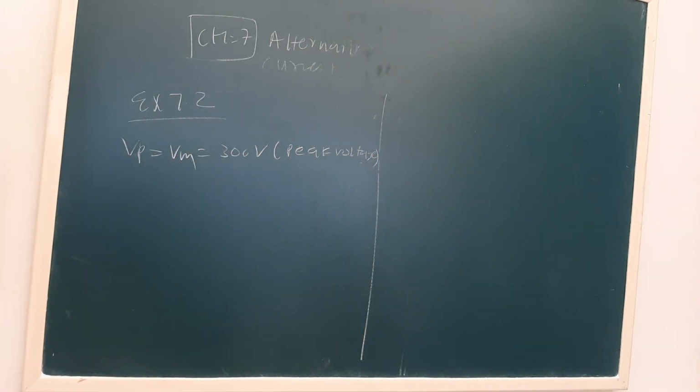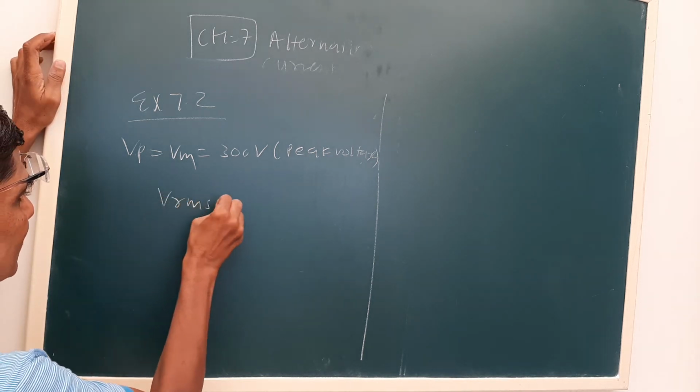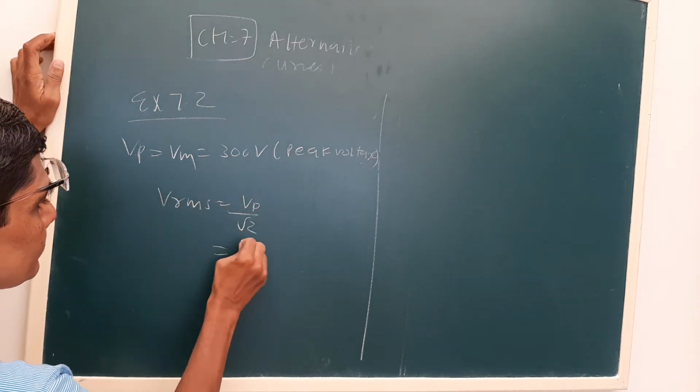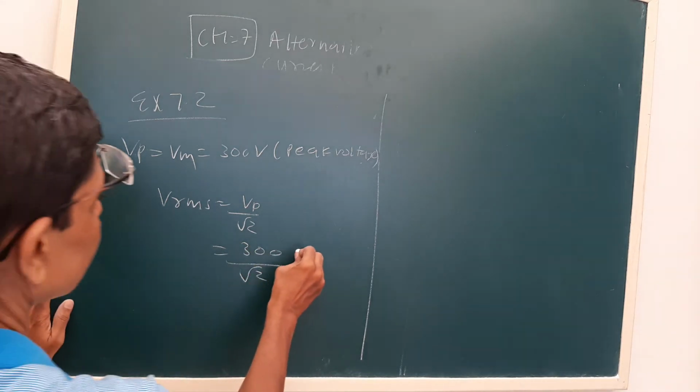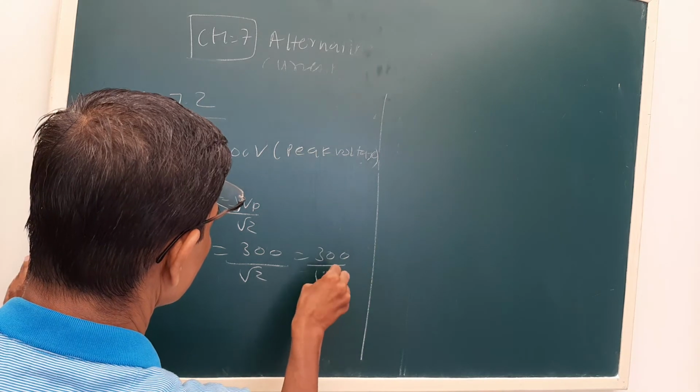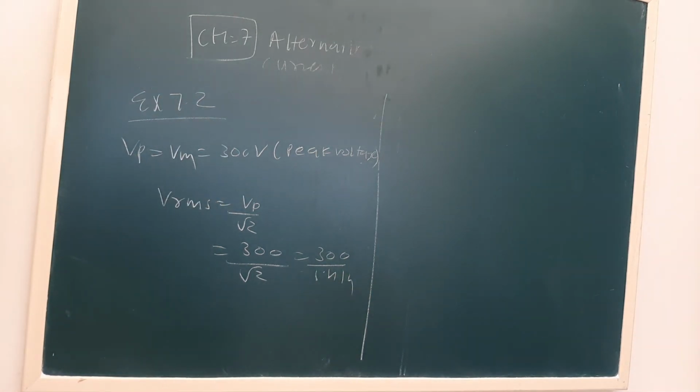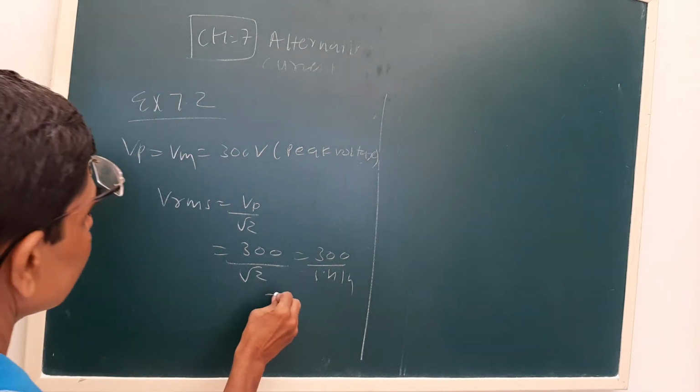What will be the RMS value? Now see the relation we know: VRMS is Vp upon root 2. Root 2 is 1.414. Now you can calculate this as 212.2.